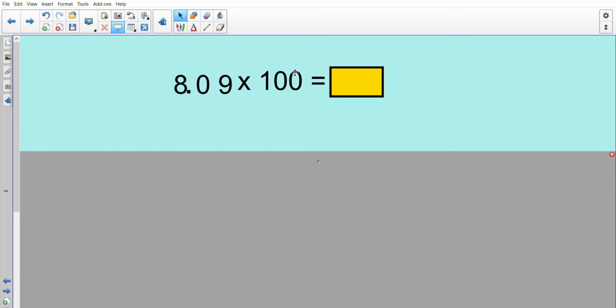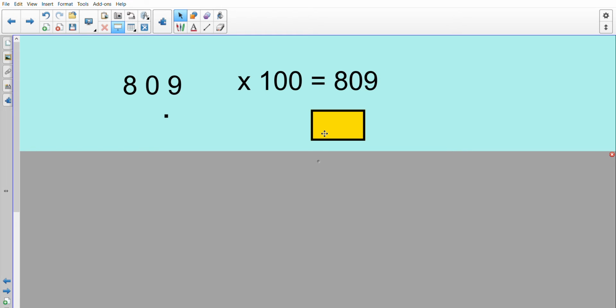It's got 2 zeros, so we're going to hop 2 places to the left. So we go 1, 2 places to the left, and we get 809 point something. That doesn't mean anything. It just means 809. Okay? So just make sure that 0 stays there if it's between two numbers.